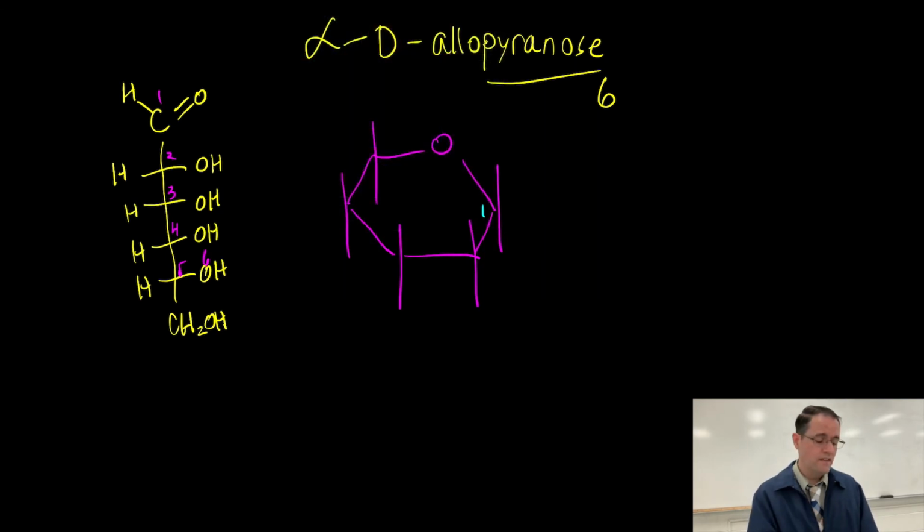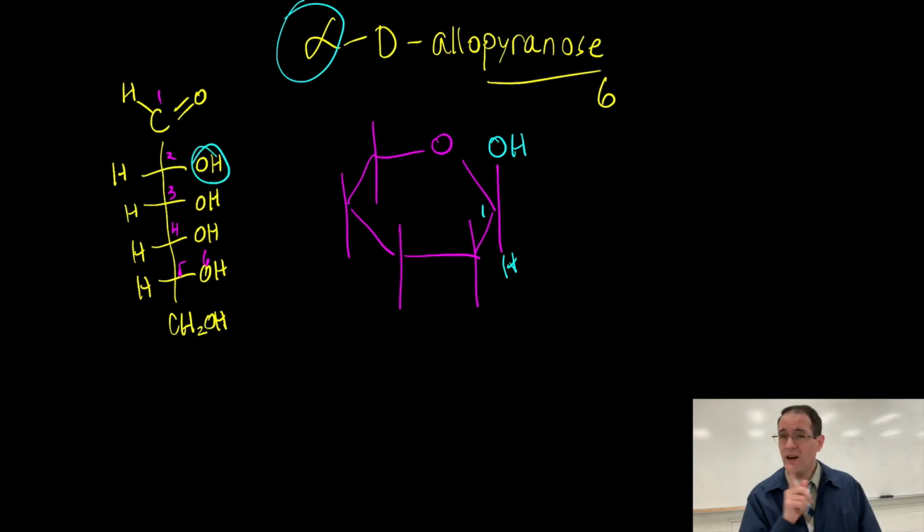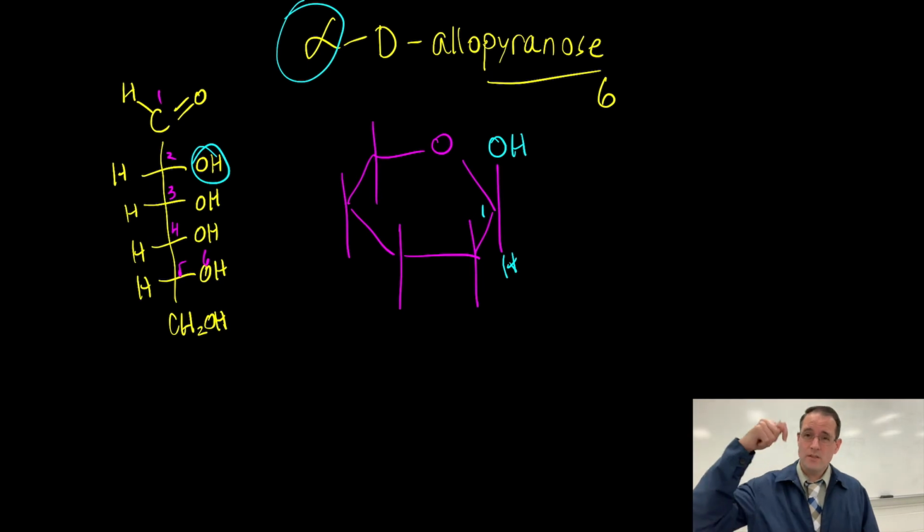Carbon number 1 needs to be in the alpha configuration. So alpha means down. If the OH is pointing to the right, we make the OH pointing down on the Haworth projection.